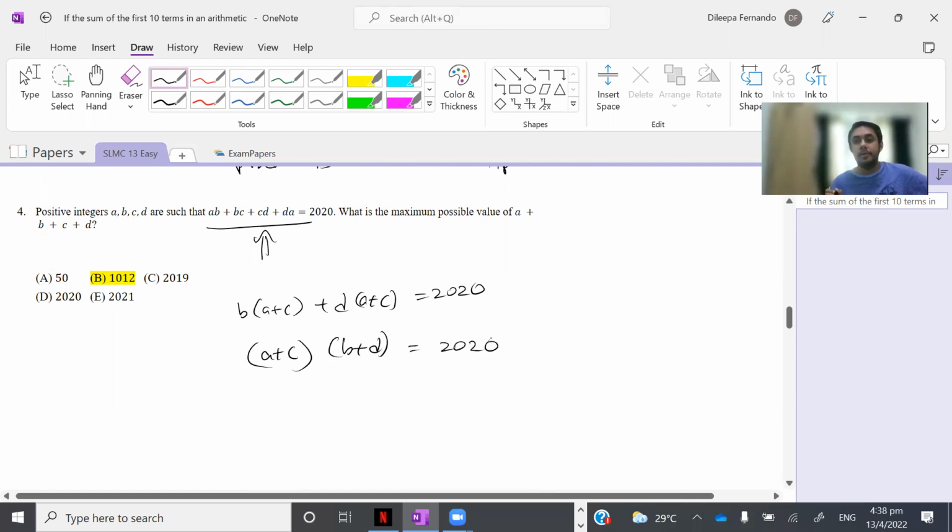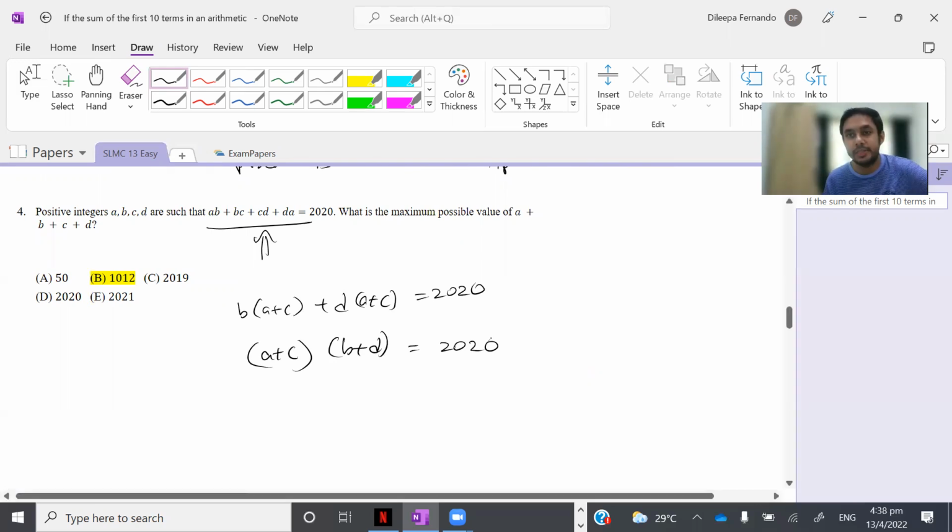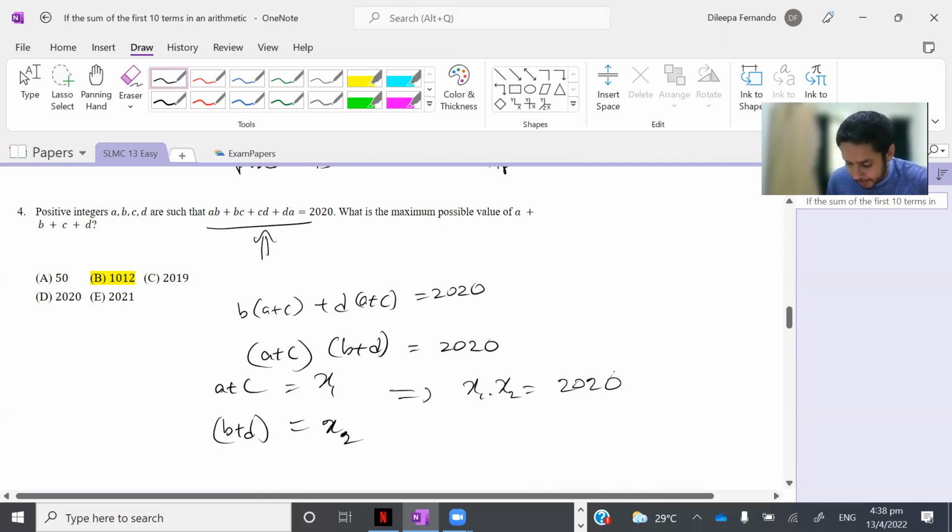Now, the problem can be reduced. Because we know that these are positive integers, we just have to find the positive factors, and you can find different values for a plus c and b plus d, such that x1 plus x2 is maximum.